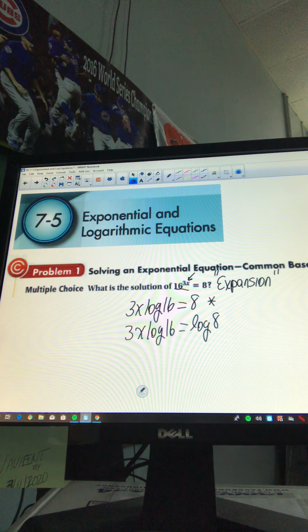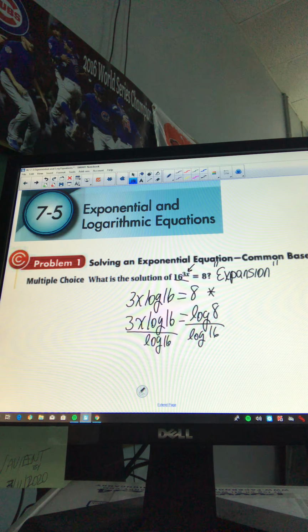So now we can just divide by log 16. Then we get 3x equals log of 8 divided by log of 16.